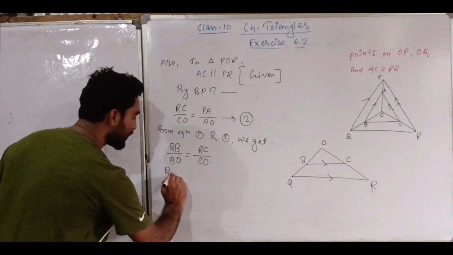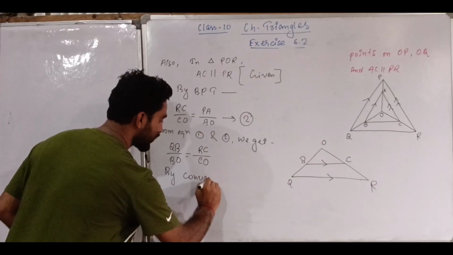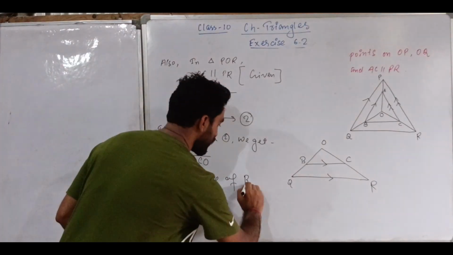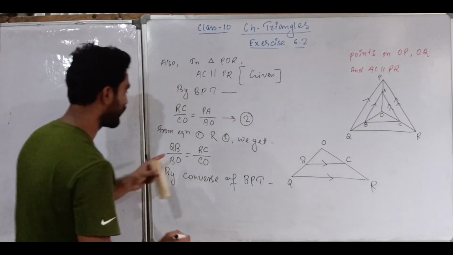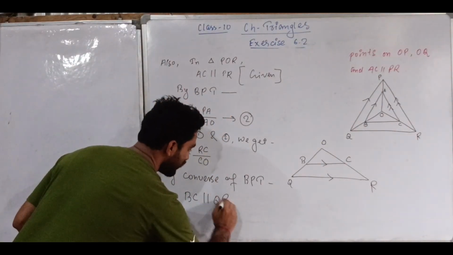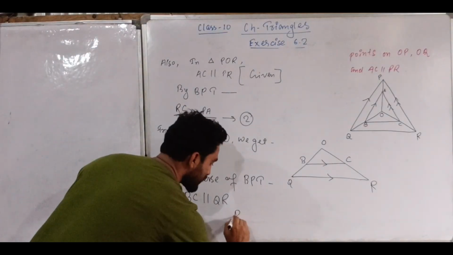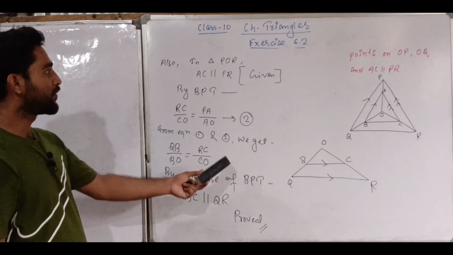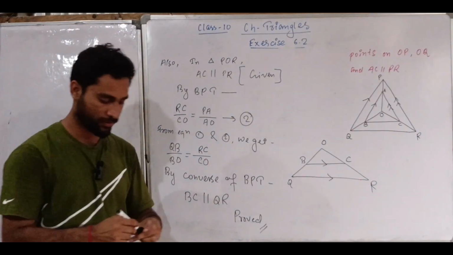From the converse of the basic proportionality theorem, BC is parallel to QR. Hence proved. So in this way we can prove this question.